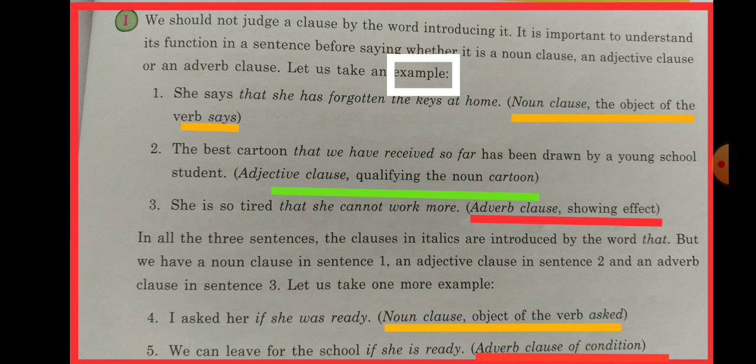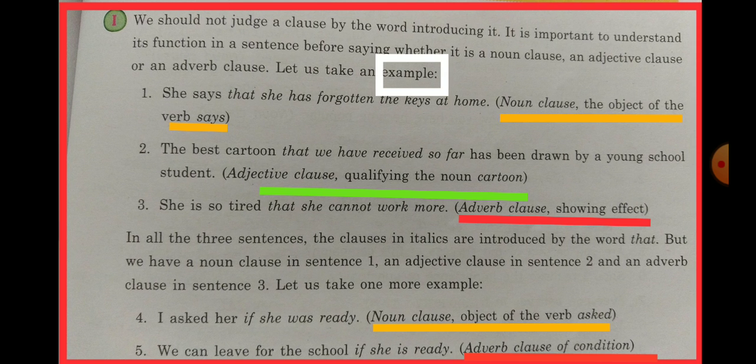Before saying whether it is a noun clause, an adjective clause or an adverb clause, you must be clear about the sense of the sentence. Look at sentence 1: She says that she has forgotten the keys at home. Now here it is giving the answer of what, so we can say that it is a noun clause and the object of the verb says.